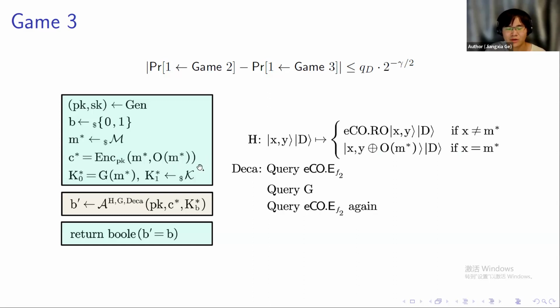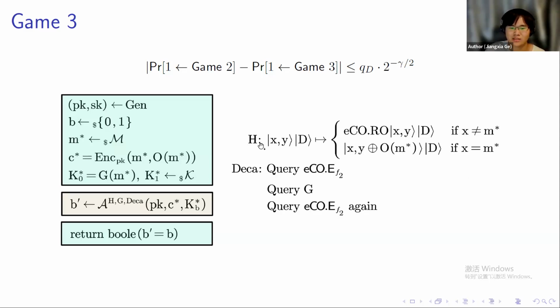Here H' is a new independent random oracle with the same input and output space as H. In order to maintain consistency, the simulation of the random oracle in game 3 needs to make a judgment: if x equals M star, then M star should be returned. Otherwise, the RO interface should be performed.